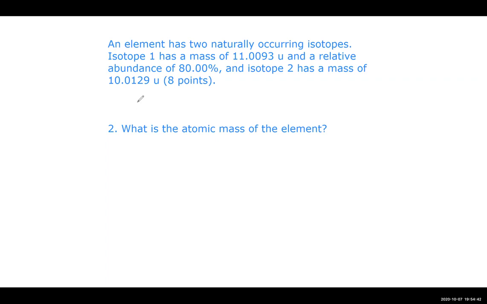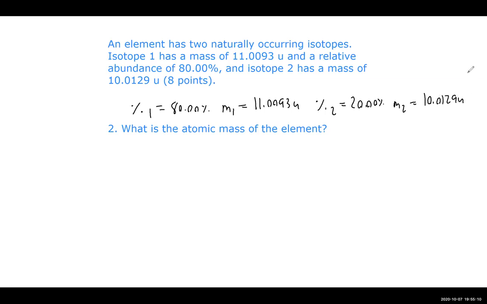So we know that the percent abundance of isotope 1 is 80.00%, and the mass of isotope 1 is 11.0093 AMU. We also know the percent abundance of isotope 2 is 20.00%, and the mass of isotope 2 is 10.0129 AMU.